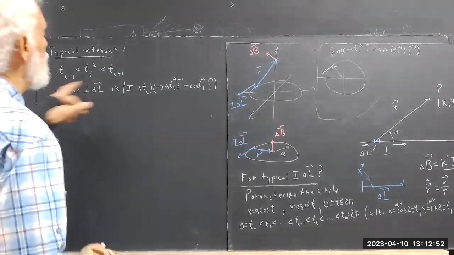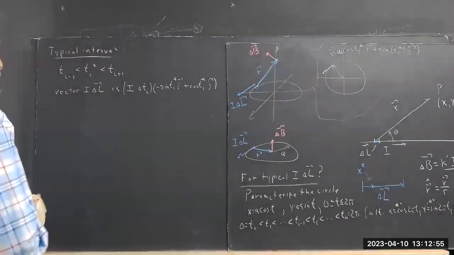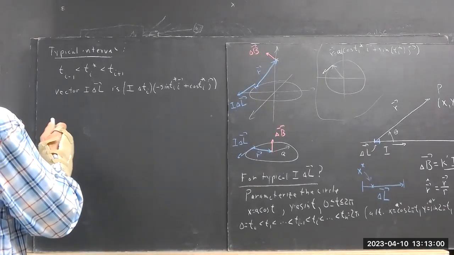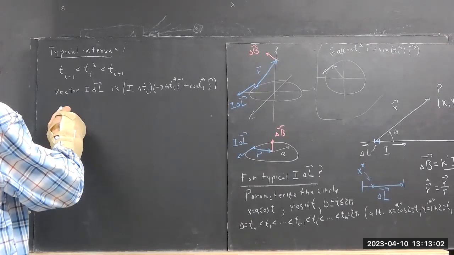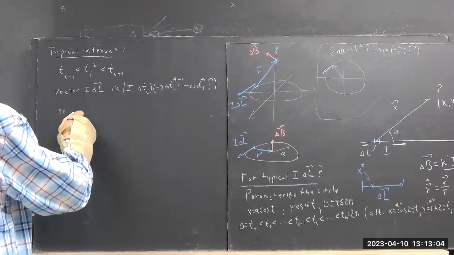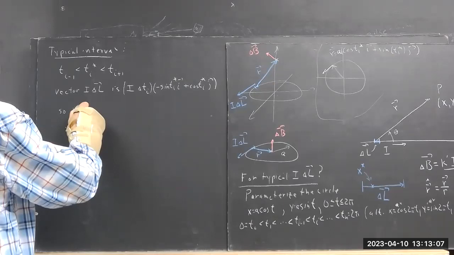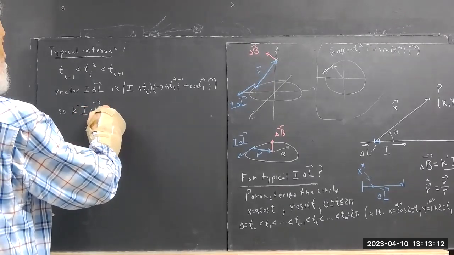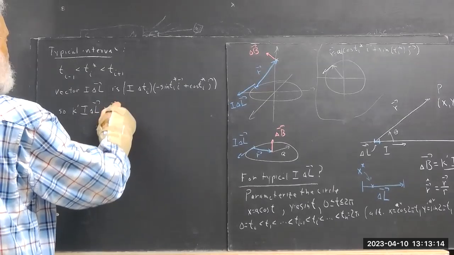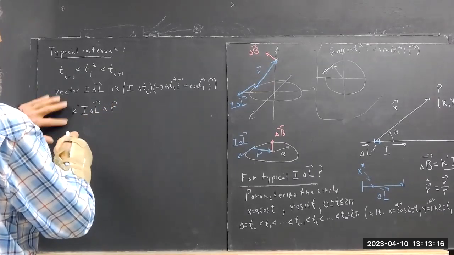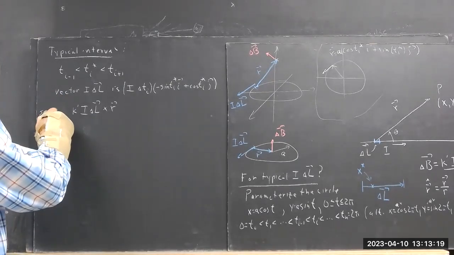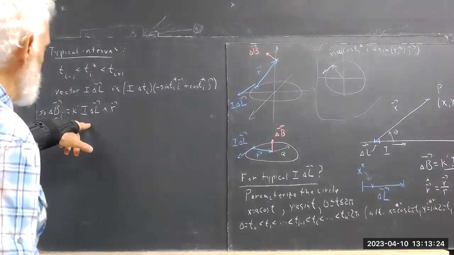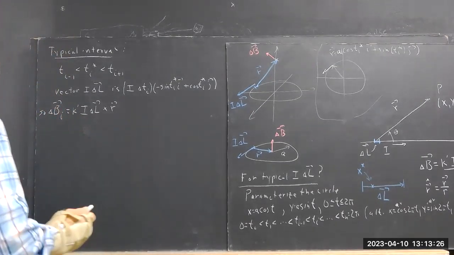Okay, so there's your vector. So your delta V sub i is this. And then that's an easy calculation.